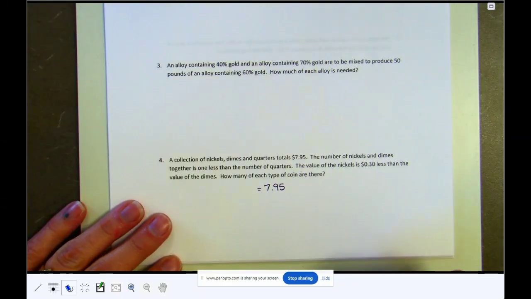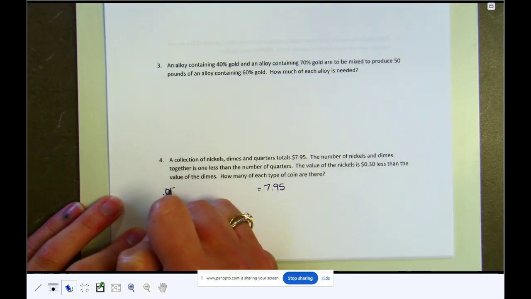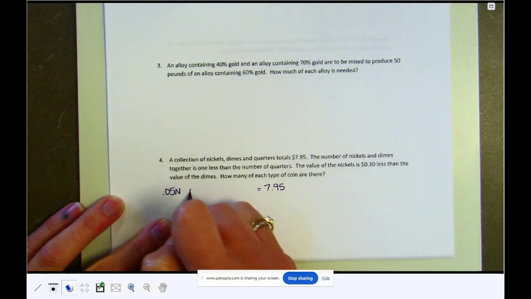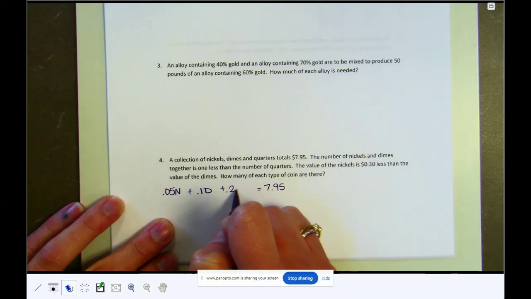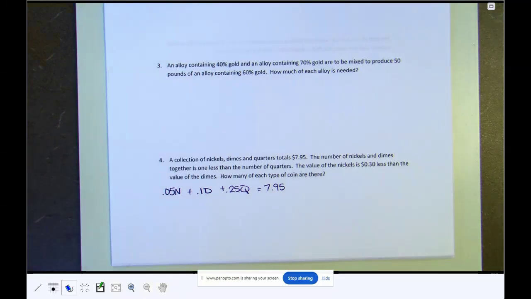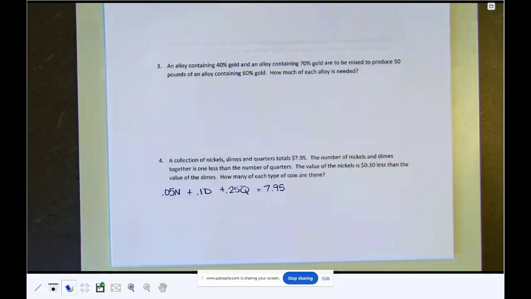Nope. Okay, so question. Why does it have to have those? Because the total is money. Yep. So if you just do n plus d plus q, all you're saying is this is my total number of coins. You can't have 7.95 coins because you gotta have a whole number of coins.